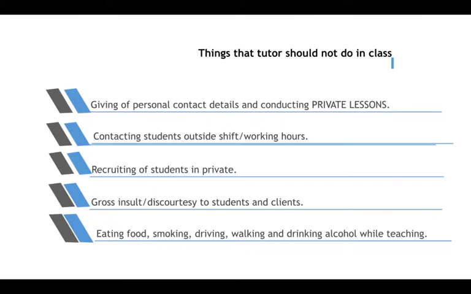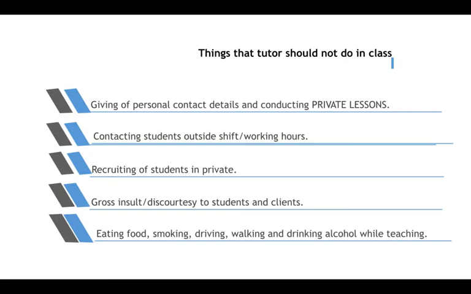Now, let's get to the things that we should not do. First things first, obviously, no private lessons. So that means you are not allowed to ask for the kids' private contacts. The kids are not allowed to ask you for your private contacts. For example, the kids cannot ask you for your Skype account, or you cannot ask the kid for their Skype account or WeChat account.